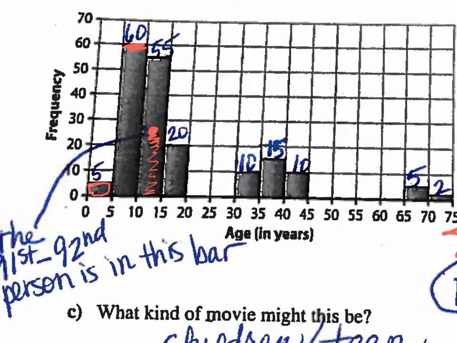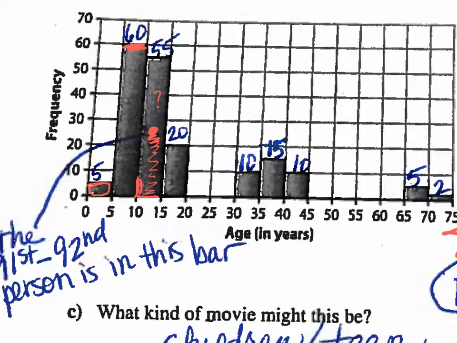So they are somewhere in that bar, but I still cannot tell their specific age. Because could this bar be filled with 55 10-year-olds? Yes. Could it be filled with 55 14-year-olds? Yes. So I do not know what's in this bar exactly.